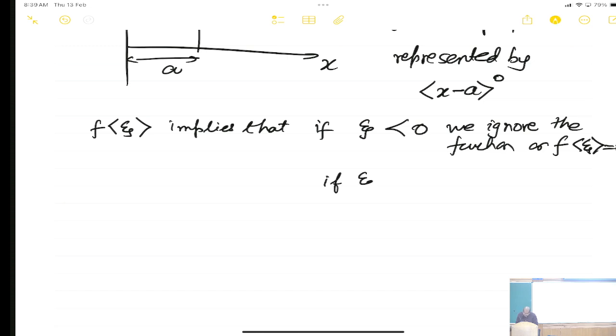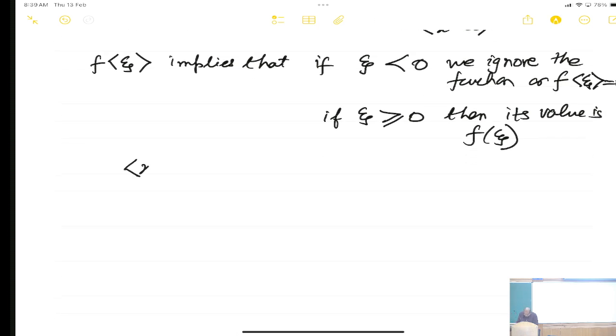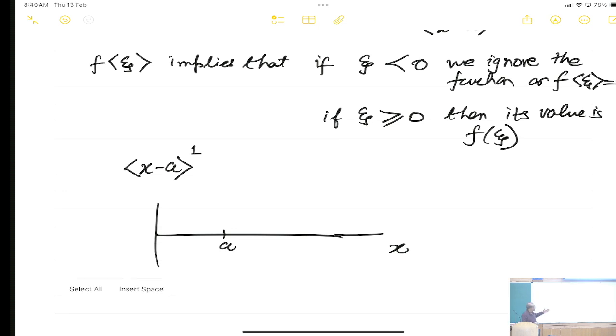And if zeta is greater than or equal to 0, then how will I plot x minus a to the power 1?